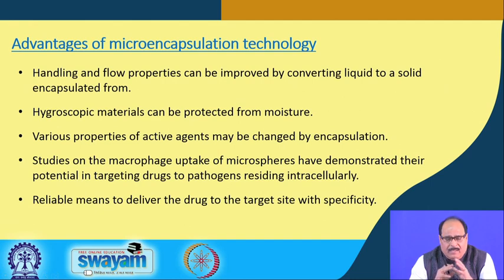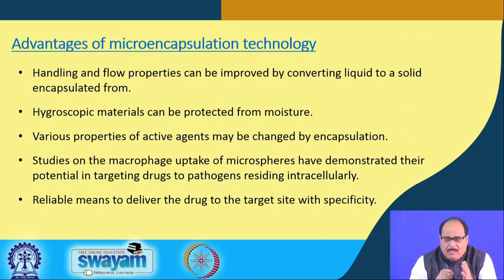So, friends, I would now like to conclude by telling you briefly the overall advantages of microencapsulation technology in food processing. As we have seen earlier, the handling and flow properties of food materials can be improved by converting liquid to solid encapsulated forms.